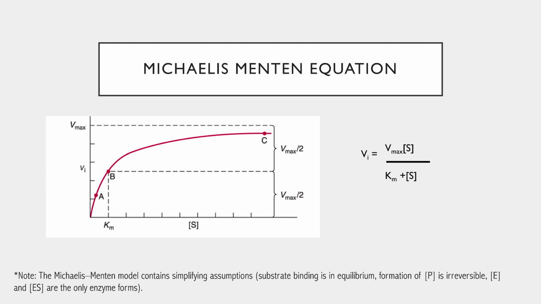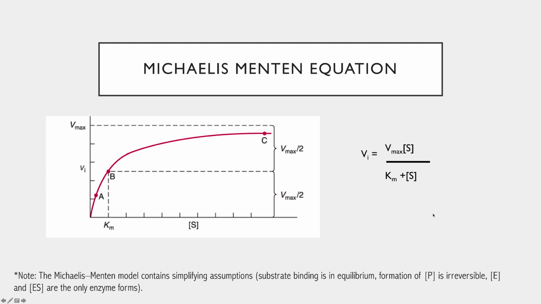And this can be achieved at an infinite substrate concentration, while the Km of a reaction, as shown here, is defined as the substrate concentration needed to achieve 1/2 Vmax. The Michaelis-Menten constant Km characterizes the affinity of the enzyme for the substrate. A high affinity of the enzyme for a substrate therefore leads to a low Km value, and vice versa.